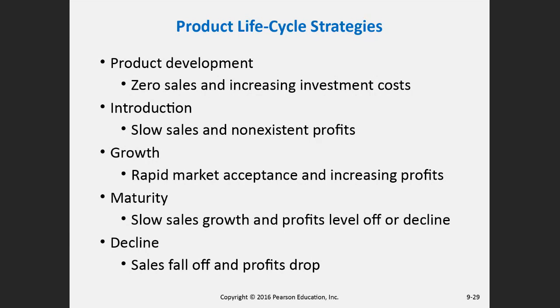People start accepting it in the market and start buying it, and you start making more of it, which means your unit costs go down, profits go up. Maturity is pretty much everywhere at that point. In every location, not hard to find. And sales start to slow, and profits start to taper off. In decline, sales fall off and profits drop.